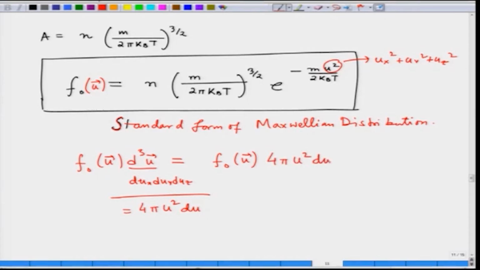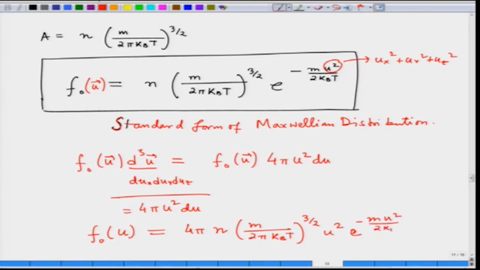And that is exactly the isotropic form of f0, which we then call f0 of scalar u, which will be nothing but 4 pi n times m by 2 pi kBT to the power 3 by 2 times u square e to the minus m u square by 2 kBT.